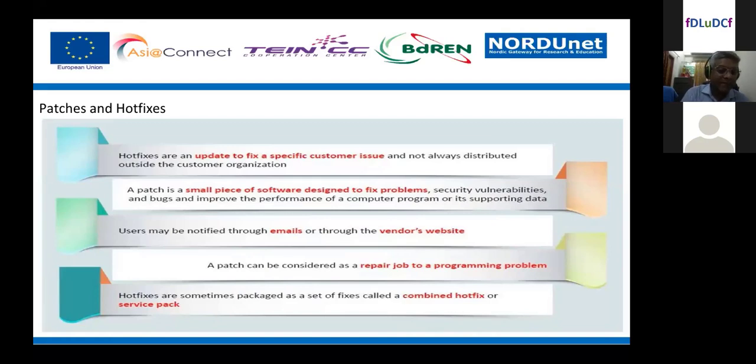What is a patch? A patch is a small piece of software designed to fix problems, security vulnerabilities, and bugs, and to improve the performance of computer programs, or supporting data. It is normally a version of software and it is public for all. This is not customer based. Patches are for all, and users may be notified through emails or through the vendor's website.